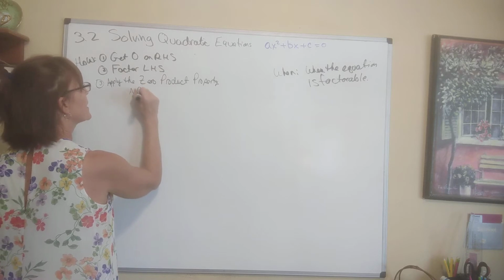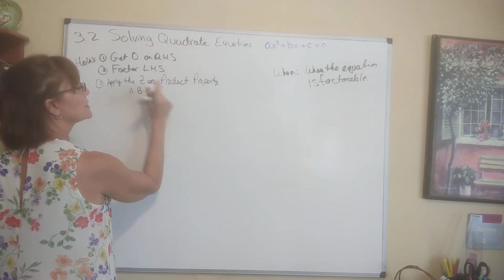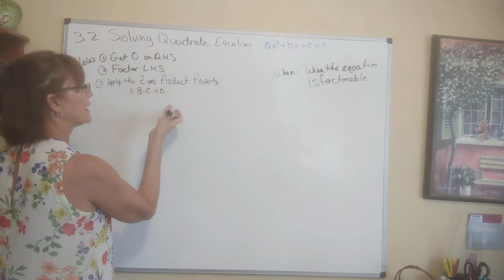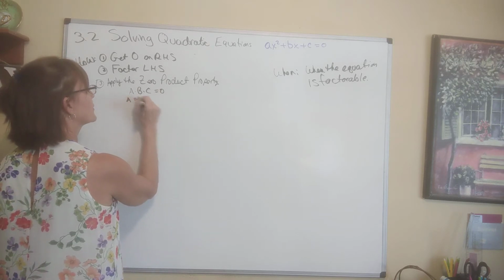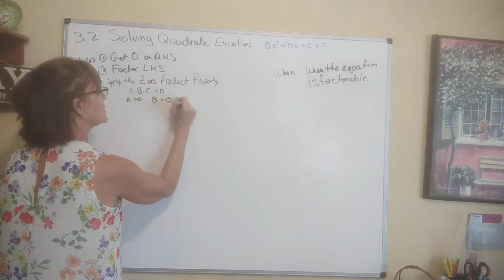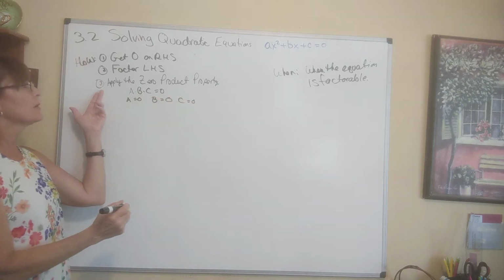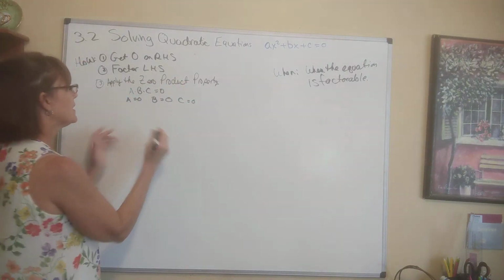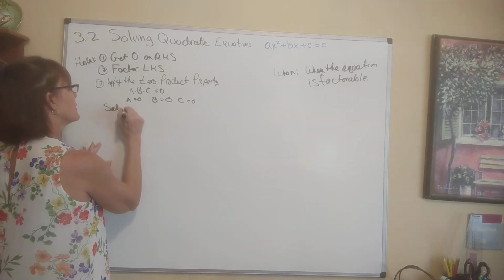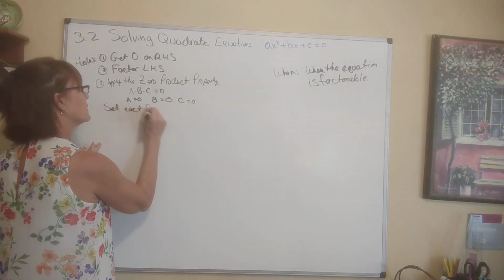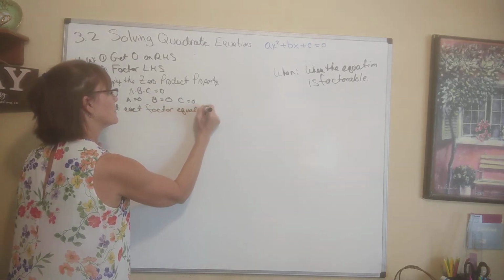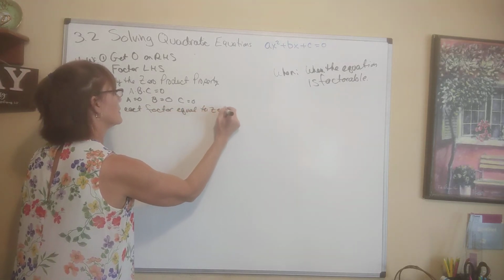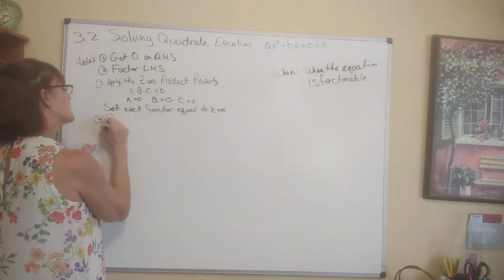So if you're multiplying some stuff together and it equals 0, the only way that can happen is if one of the things you are multiplying is 0. So then we set each factor equal to 0. So what does number 3 mean by this? What we mean is set each factor equal to 0. And then solve for x.